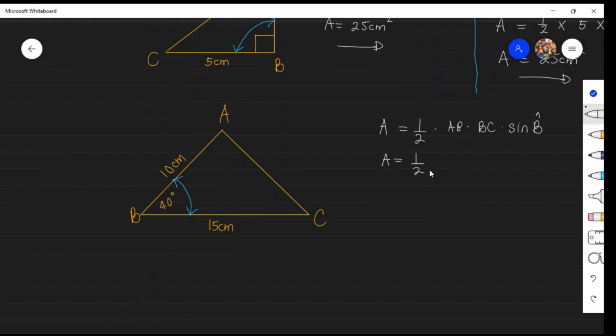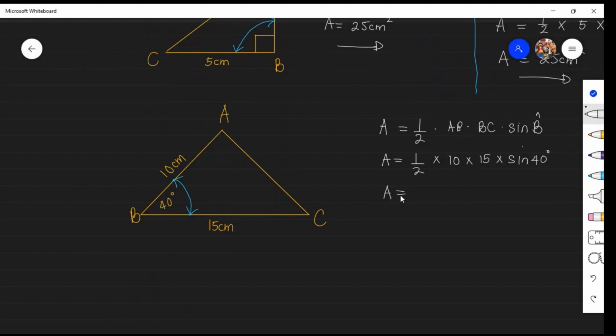From there, we are going to substitute. So AB is 10 centimeters and BC is 15 centimeters, and we have sine of 40 degrees. From there, we can put this entire thing into our calculator.